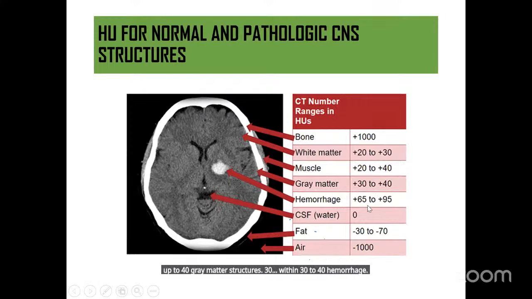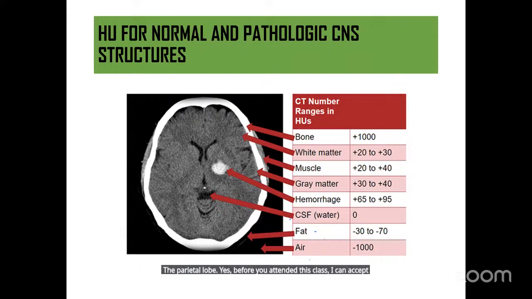Hemorrhage, hematoma. Now if I ask, this hematoma, which location is it? It's located at the left parietal lobe. Left parietal lobe. Yes, before you attended this class, I can accept.